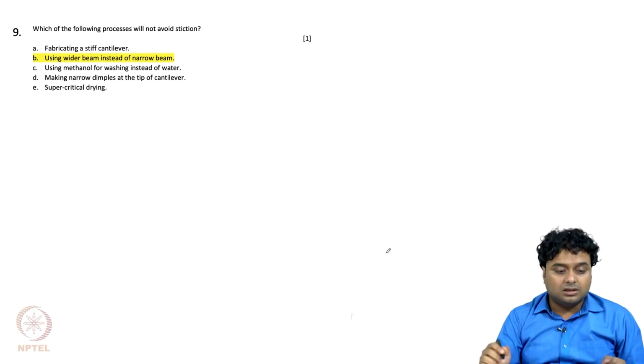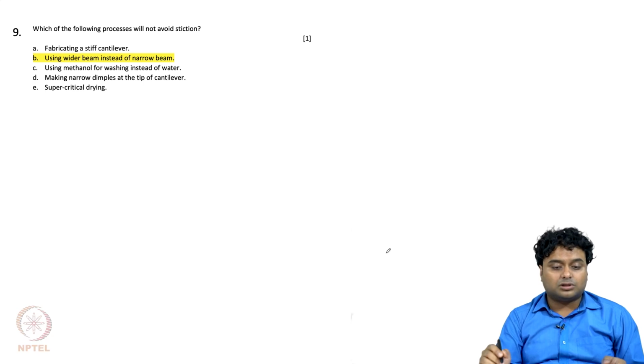The next question is, which of the following processes will not avoid friction? Fabricating a stiff cantilever, using a wider beam, using methanol. Methanol definitely avoids friction, making narrow dimples also will avoid friction, and a stiff cantilever will also reduce the possibility of friction.